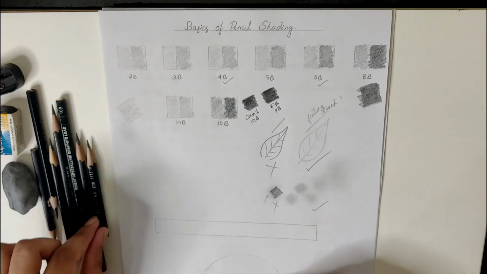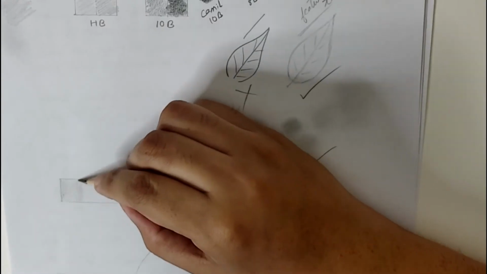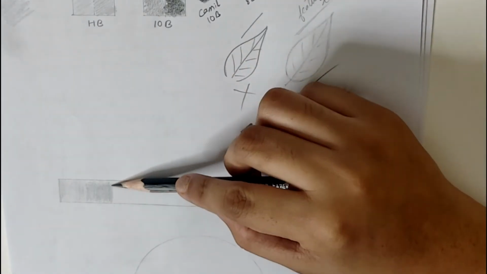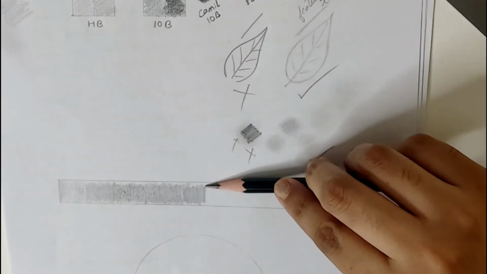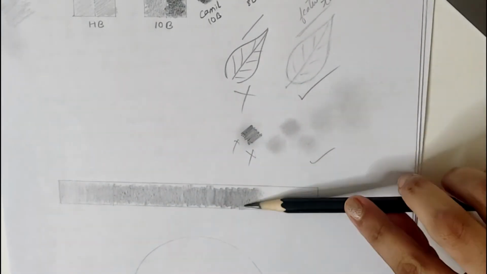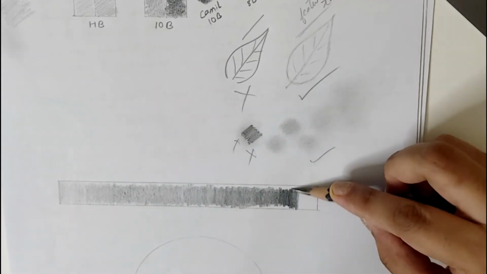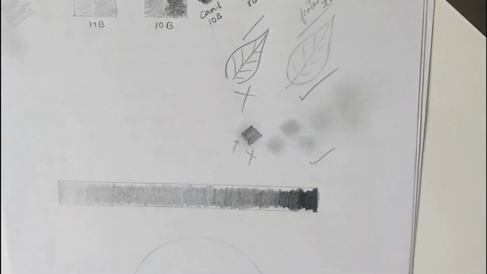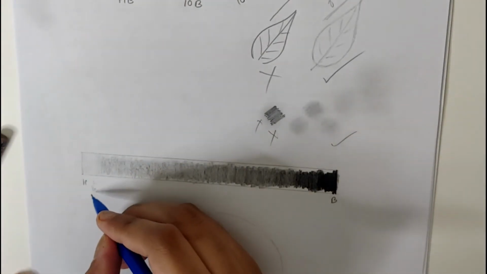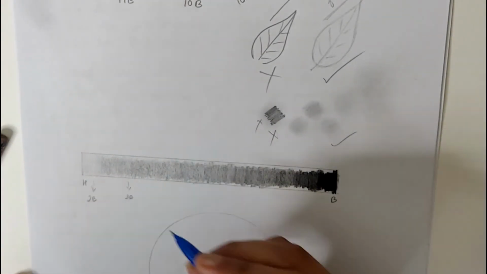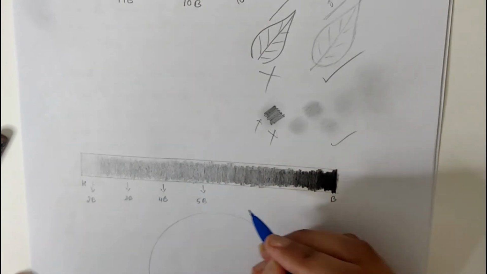Now I'm showing you how to smudge these colors, like how to get the lighter shade to the darker shade with a smooth transition. So if you see, I'm just shading from the lighter one and going ahead to achieve the darker one. The transition is smooth, there's no particular place where you can see only 2B and then only 3B, only 4B.